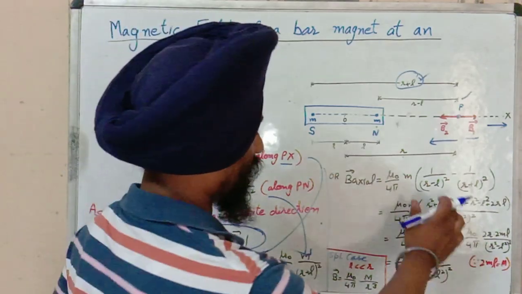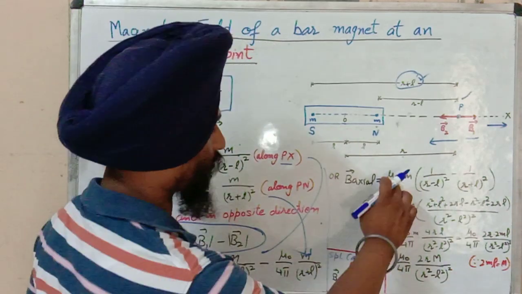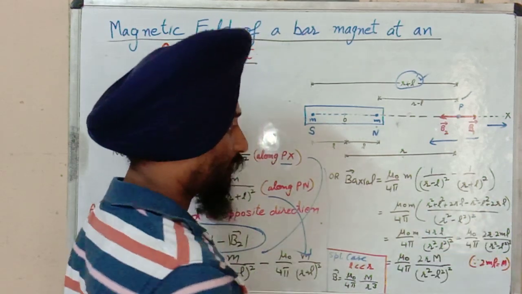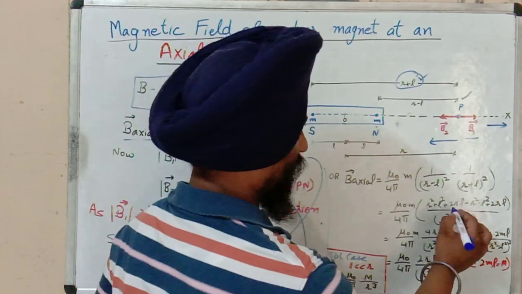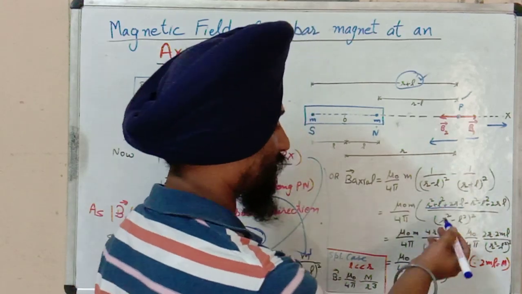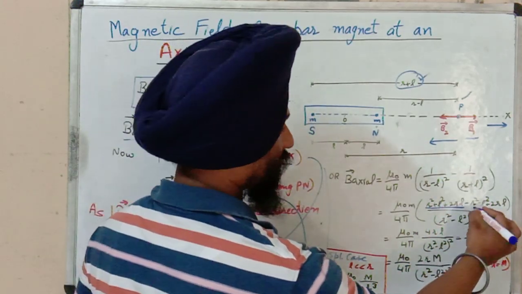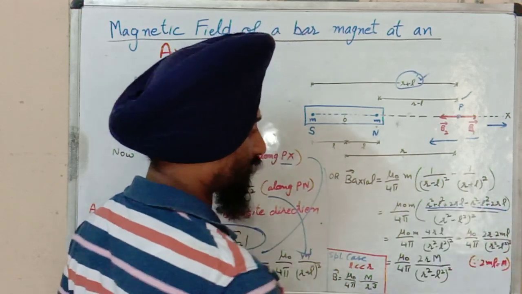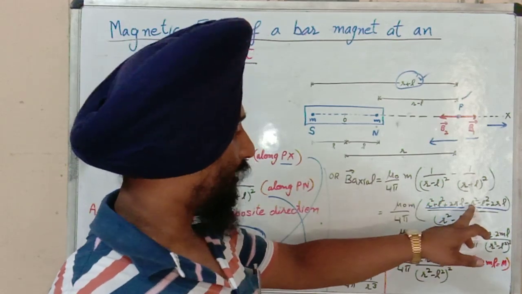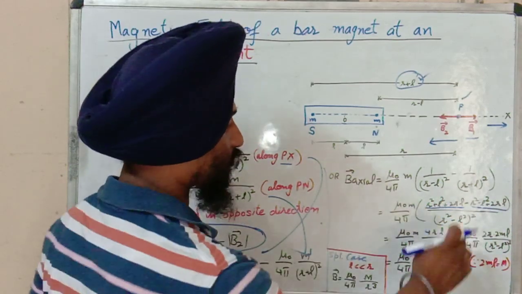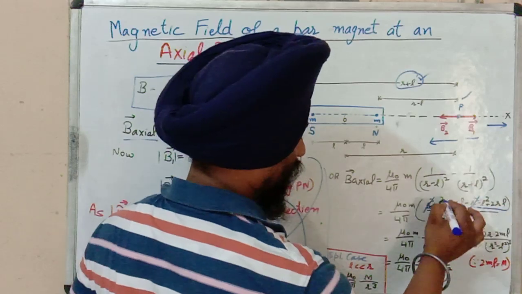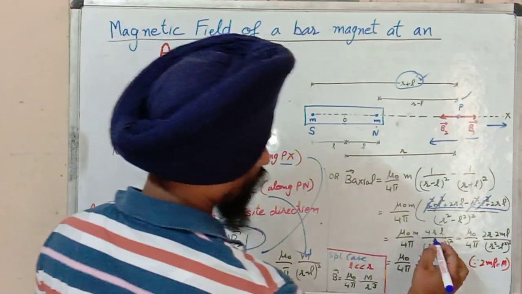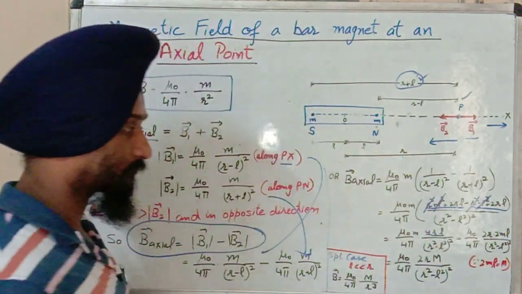We get this. Now m becomes common, mu naught upon 4 pi m, and by taking LCM we get (r square minus L square) whole square, and by opening these squares we get r square plus L square plus 2rL, and this whole term r square plus L square minus 2rL, and the sign changes due to the outer sign, so we get minus r square minus L square minus 2rL, and the r square and L square with opposite sign cancel each other, and we get 4rL.